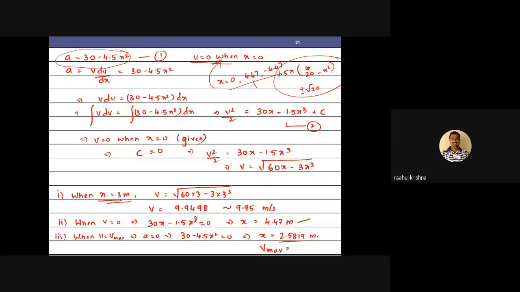I need to see that, the maximum velocity that it attains. Under the root of 60 into 2.5819 minus 1.5 into 2.5819 cube. Or not minus 1.5, it will be minus 3 into. So I'm getting Vmax as 10.163 meters per second. Okay, is that correct?